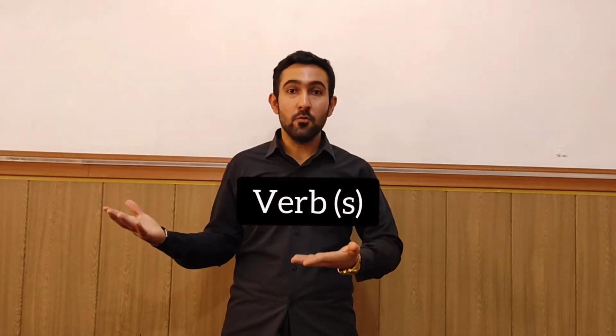According to the examples I gave you, for affirmative, the rule is subject, verb with S or without S, and complement. So the verb can have an S for present simple and can be without S.